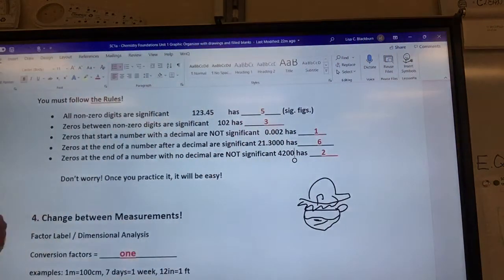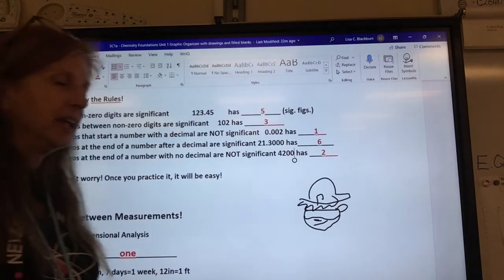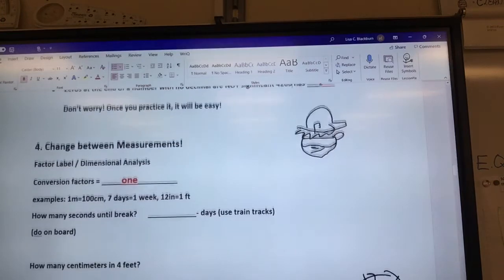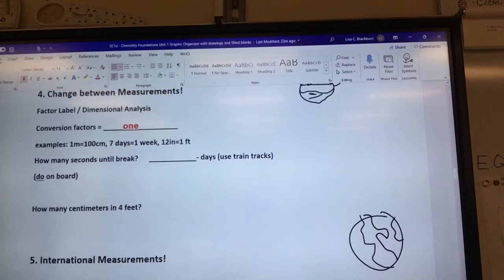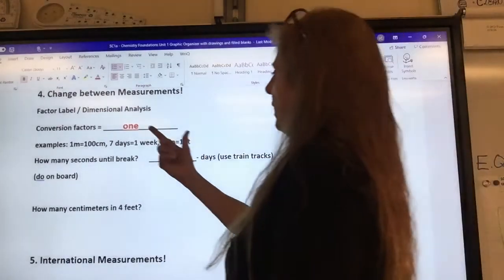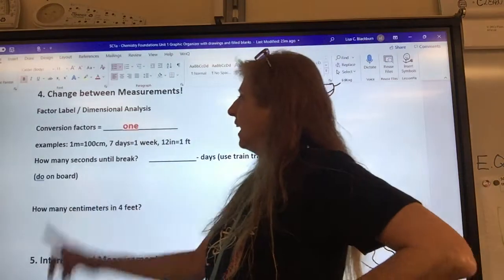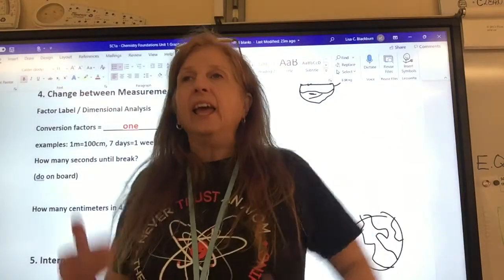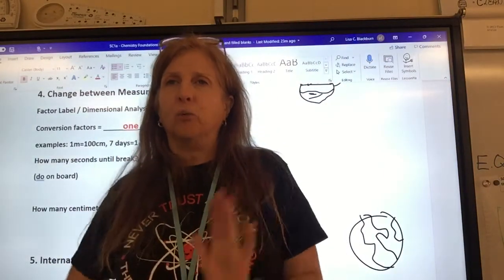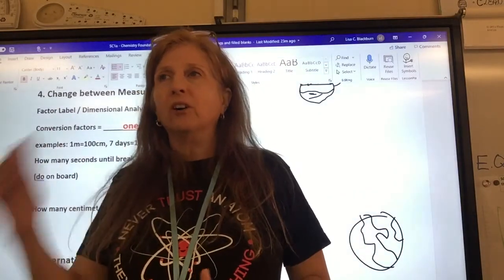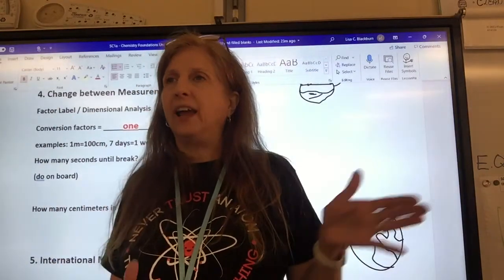Okay, next, change between measurements. The next idea is called dimensional analysis or factor label. It's the same thing. And it's how you change between measurements. So in math, you have certain conversion factors, and mathematically they equal 1 because anything divided by itself is 1, right? 5 divided by 5 is 1. 1,000,000 divided by 1,000,000 is 1, right?